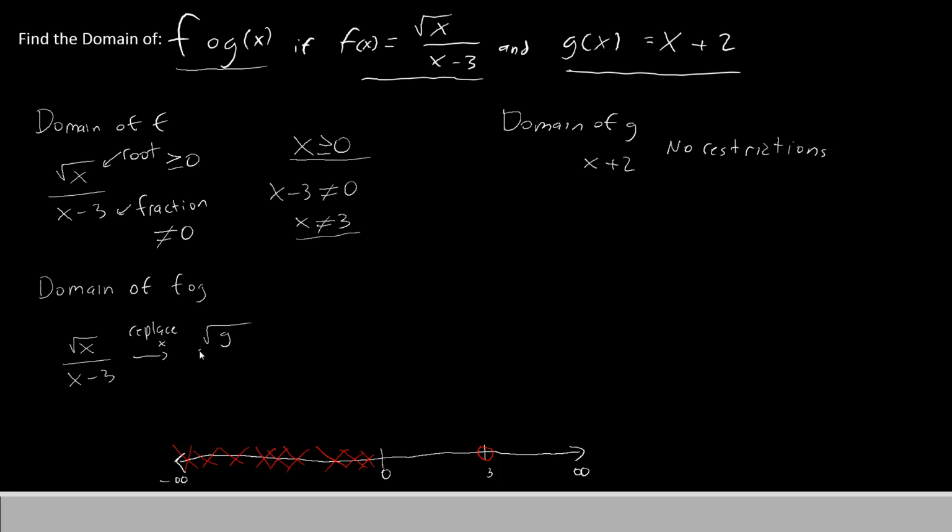So now it's root g divided by g minus 3. Then replace the g's with their function. We'll now have root x plus 2 divided by x plus 2 minus 3. If we simplify this, we'll have root x plus 2 divided by x minus 1.